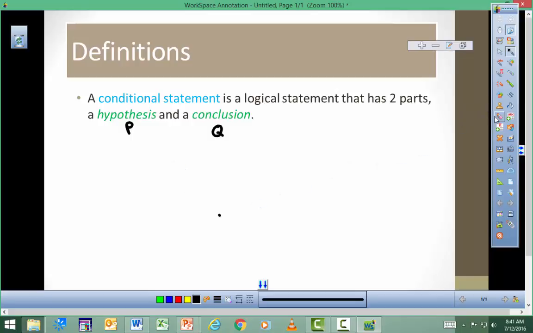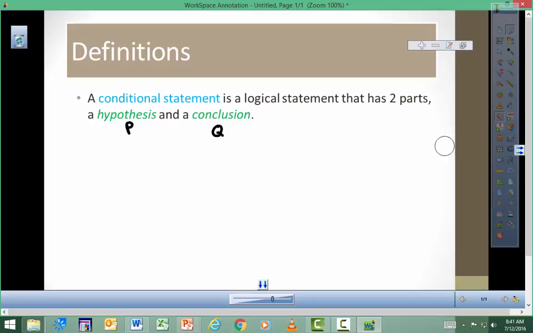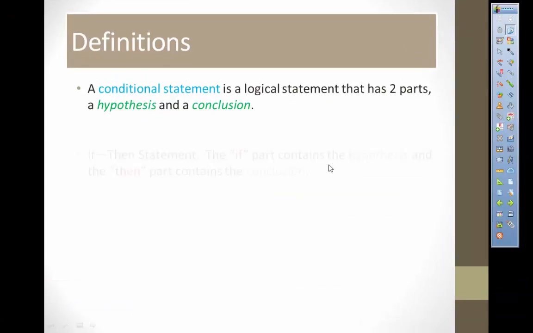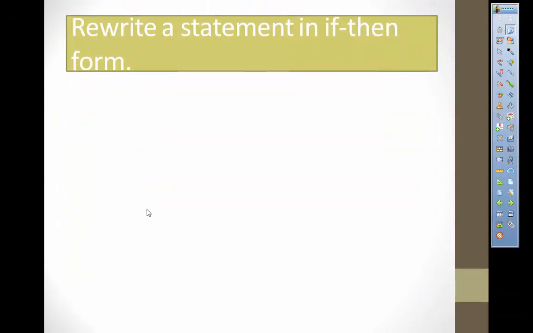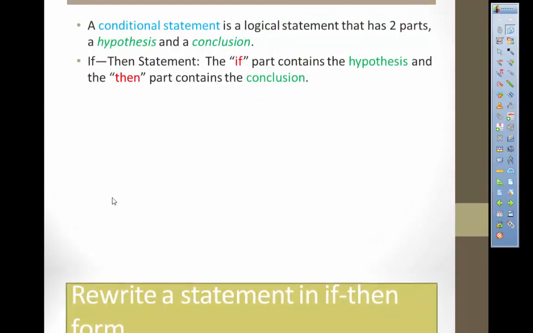And it's pretty easy to recognize these because the hypothesis always comes after the if part, and the conclusion comes after the then part. So it'll be easy. We're going to look at some here in just a moment. So let's get back to the lesson. Well, let me back up. That was a little fast.